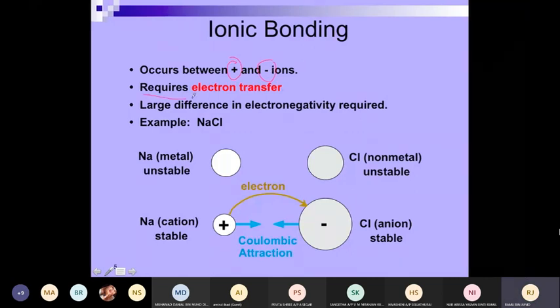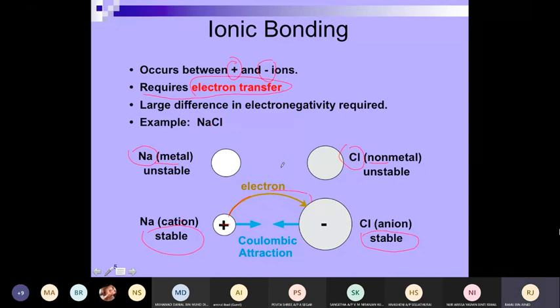So it requires electron transfer. The example is sodium and chlorine, chloride. This is sodium, this is Cl. This is metal, this is non-metal. Sodium has 1 positive charge, so it will transfer an electron to Cl in order to achieve stability.